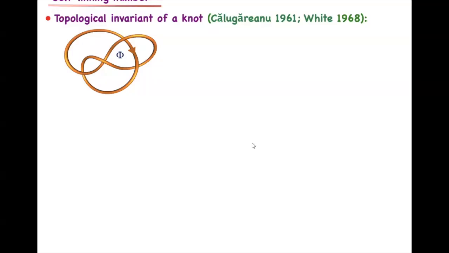I'm glad to share it because at the time, White took Calugareanu's work because his supervisor, a mathematician in the US, was very keen to see what he could do with Calugareanu's work. So White published that paper in '68, taking Calugareanu's work and extending the formula to higher dimensions.